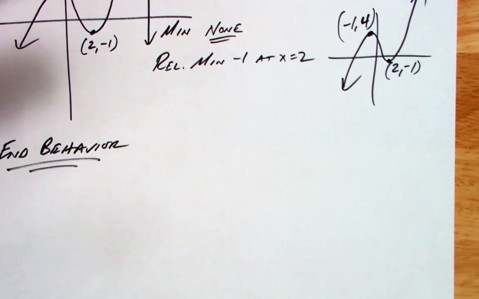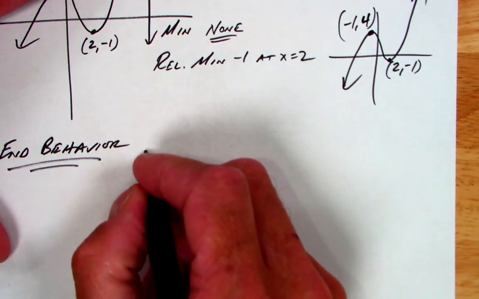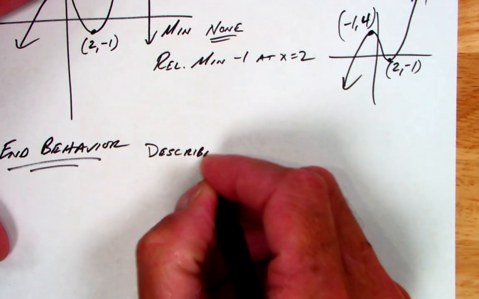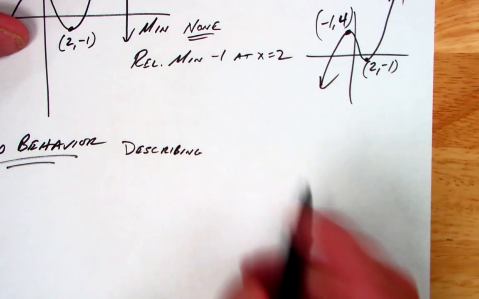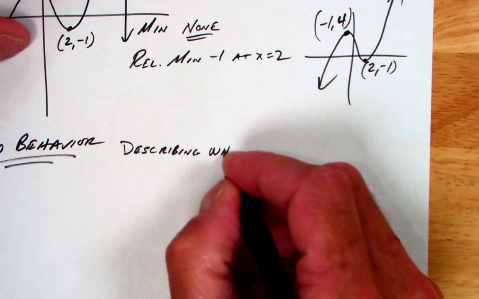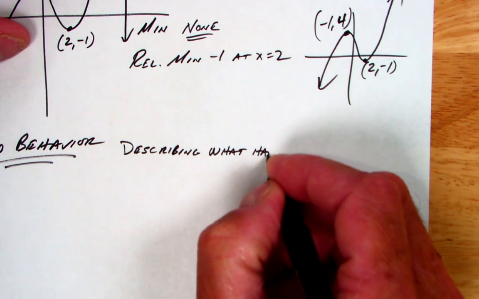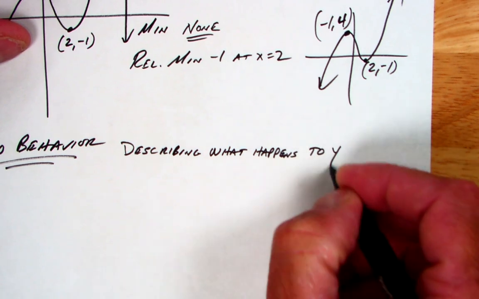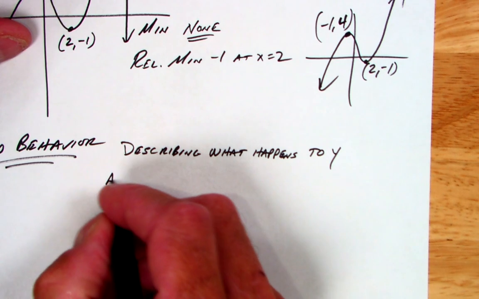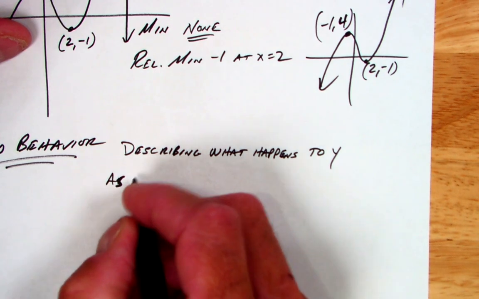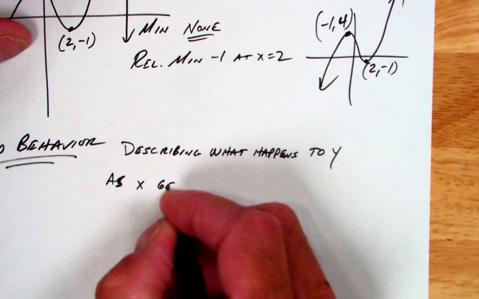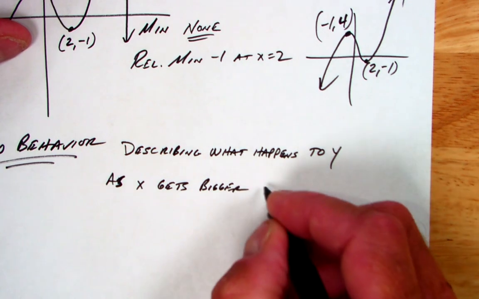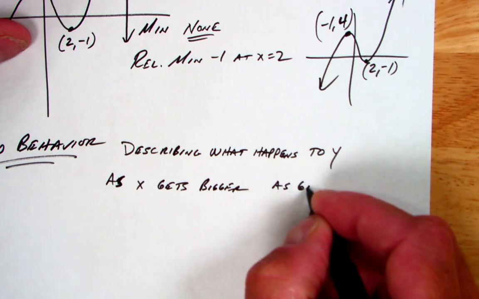End behavior is basically describing what happens to y as x gets bigger and as x gets smaller.